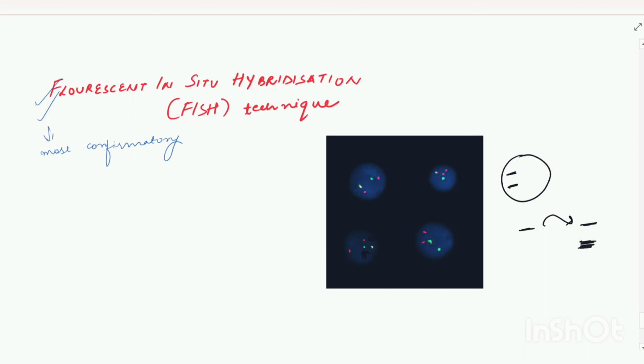So what the FISH technique shows you is that this is the BCR-ABL fusion gene product, and you can see that yellowish tinge. It is because of the mixture of the green color and the red color dye, right? You can also see it here also. This is the FISH technique to confirm the diagnosis of CML. So this is the most confirmatory, or we can say best confirmatory.